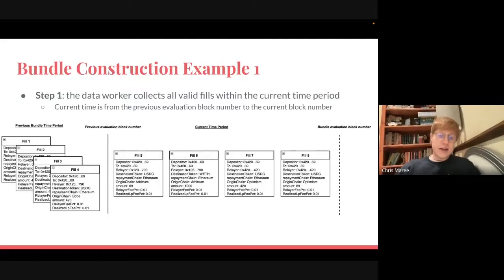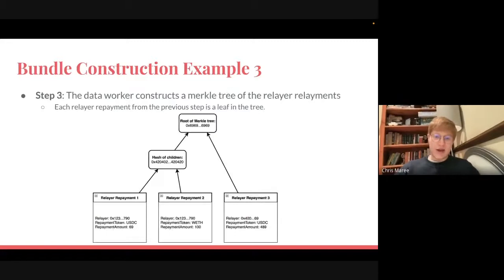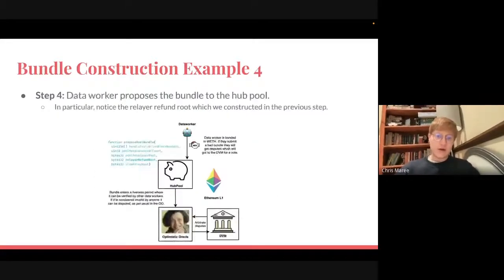If Boba is down, then perhaps that chain ID in this array simply does not increment. It could be equal to the previous bundle evaluation block number for that chain, like 288 for Boba. But part of the rule is that at least one of the chains must advance, because if that's not the case, then you could provide bundles that are valid but do nothing.